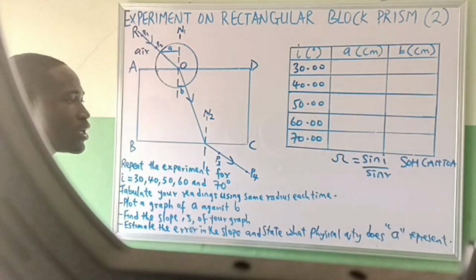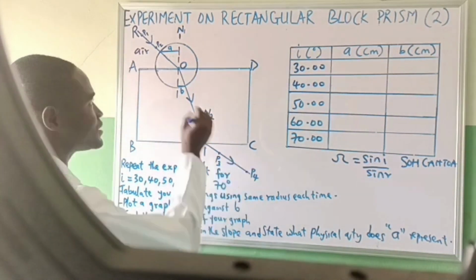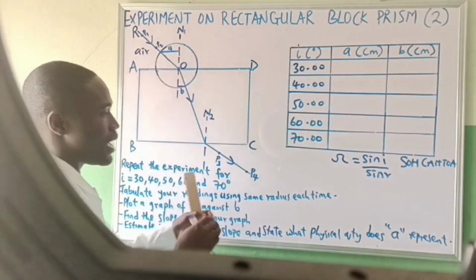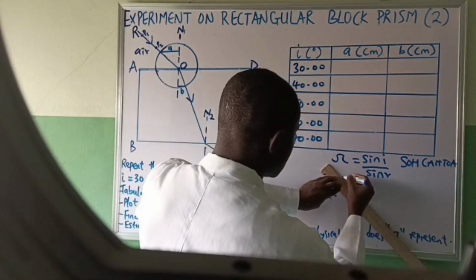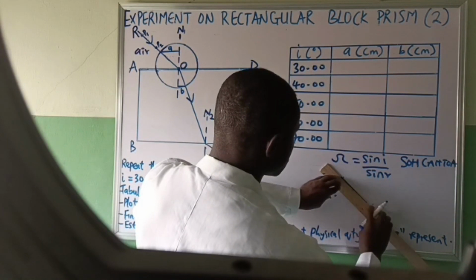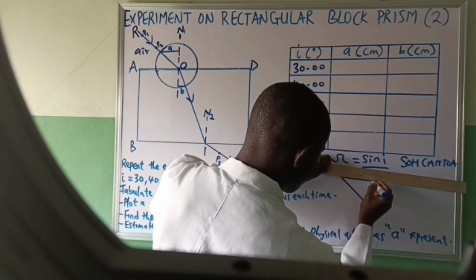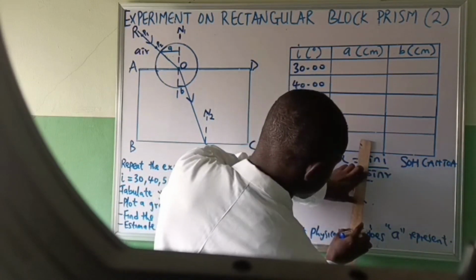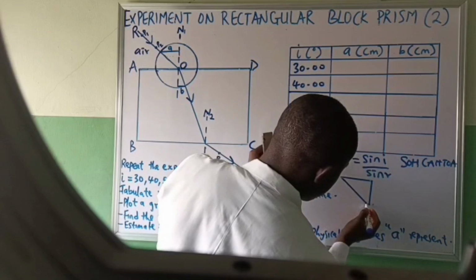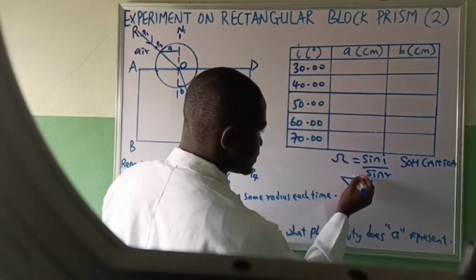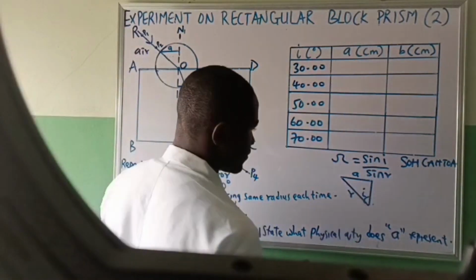Now, first get this diagram out. This is my radius, this is my A, this is my perpendicular line. So this is my A, my R, and my i.